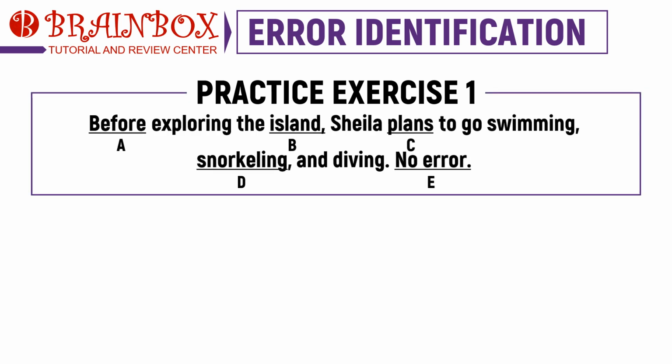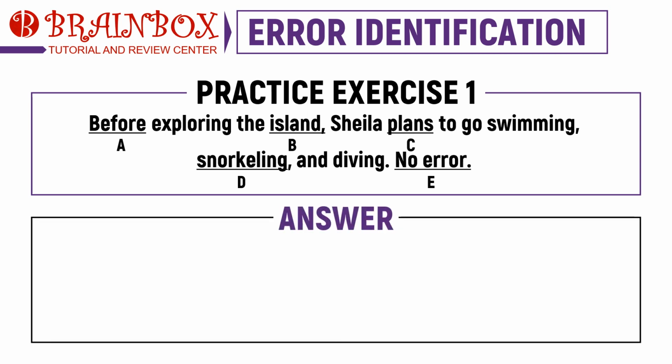For item number 1, before exploring the island, Sheila plans to go swimming, snorkeling, and diving. Select the error from the given options or write letter E. If the sentence does not have errors, you will be given 15 seconds to answer each item. The timer starts now.